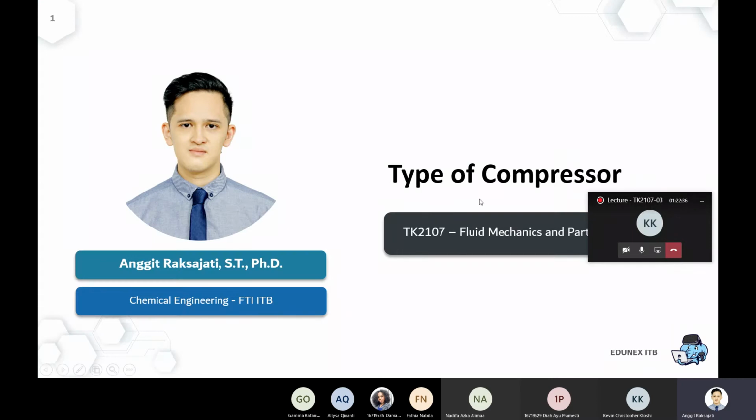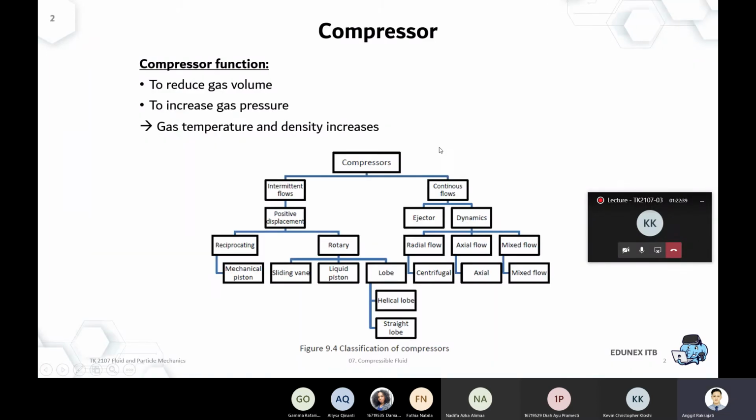Okay, so can you see the new slide, the compressor part? Yes, we can, sir.